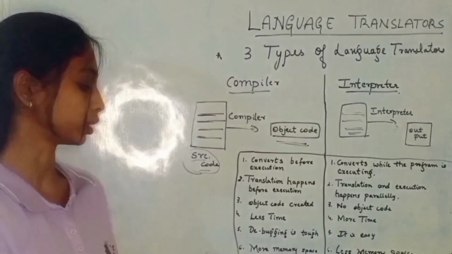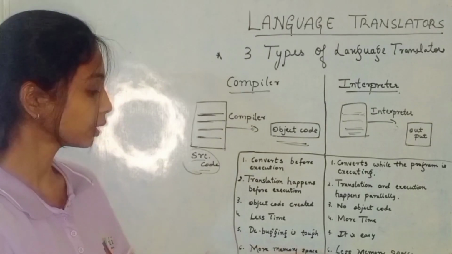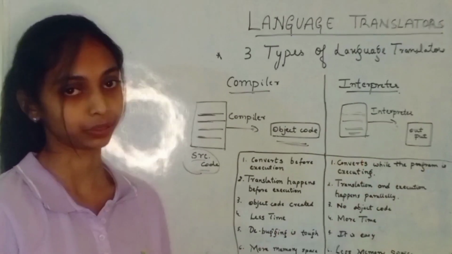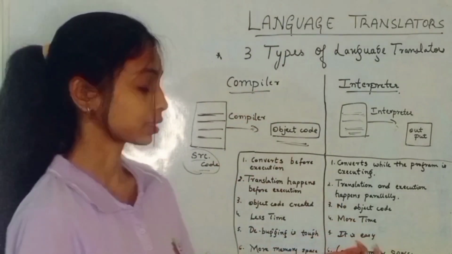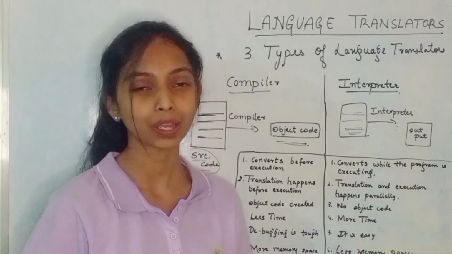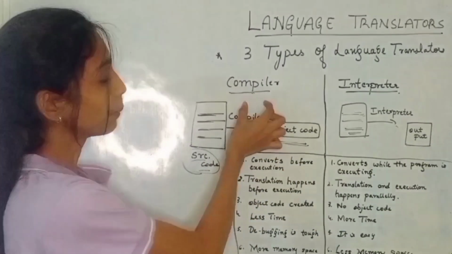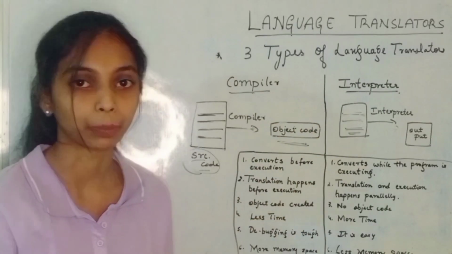Coming to the last point, that is memory space. The consumption of memory space is more in the compiler, whereas the consumption of memory space is very less in the interpreter. This is because in the compiler an object code is created and this object code must be stored in memory.